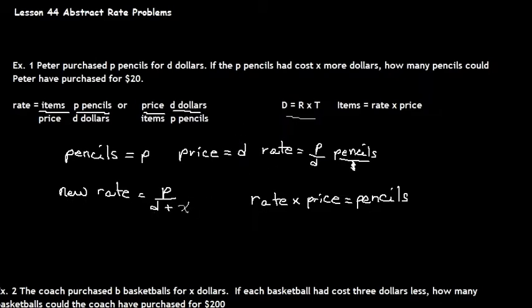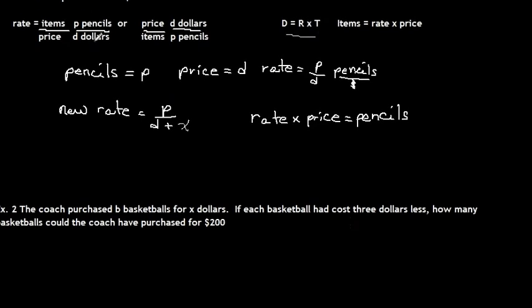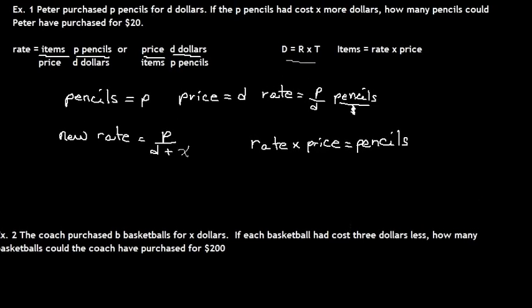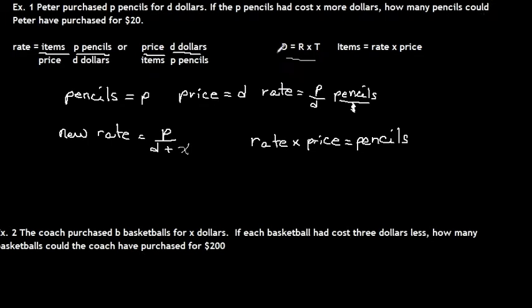Now you just put it in the equation. So we're going to have the rate. It says how many pencils. How many pencils is what we're asking for here. So if we need to know how many pencils, we want our dollars to cross out so that we only have pencils left. So we have our items, that'll be our pencils, is rate times the price. So we're going to take our new rate, so it's P pencils over the new price, and this would be pencils per dollars.